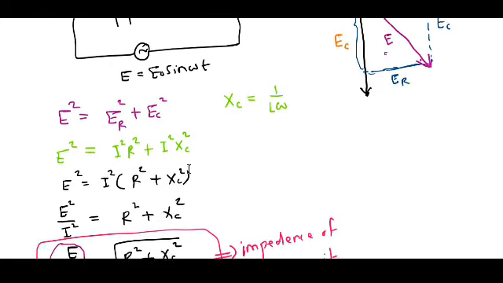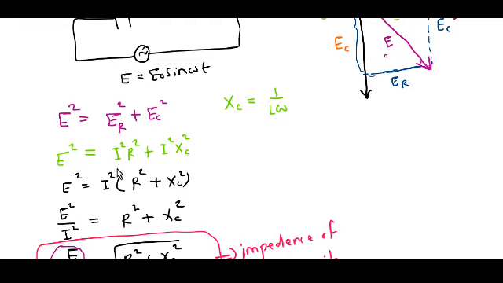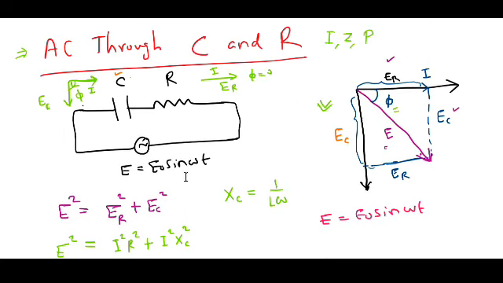Fine. Now, what will be the current? The voltage we know, E0 sine omega t. Since it is a capacitor, we know that the voltage lags. Voltage lags means the current leads. Current leads means we can write this I as I0 sine omega t plus phi, that is the current leads the voltage.